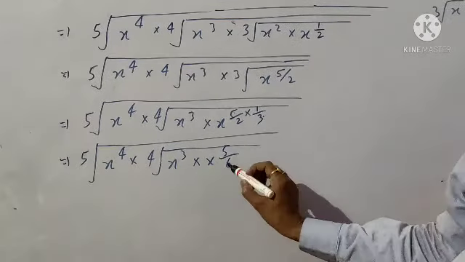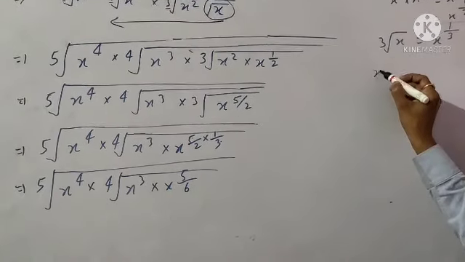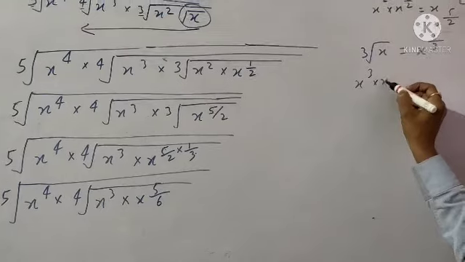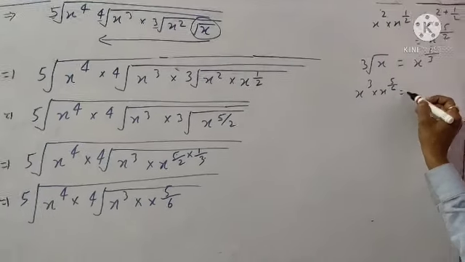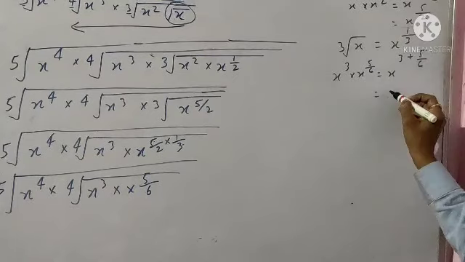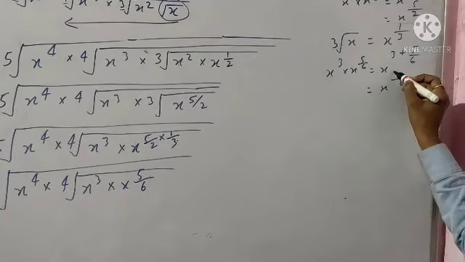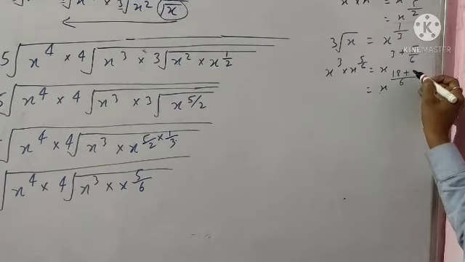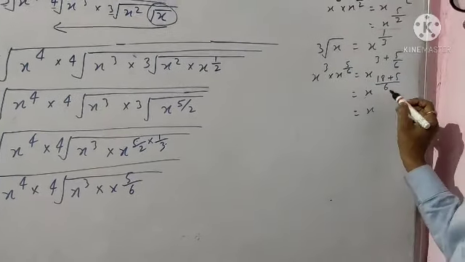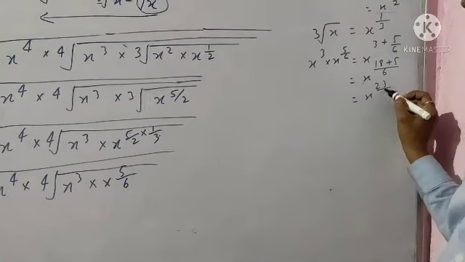Okay, look at here, student, here again simplify x to the power 3 into x to the power 5 by 6. Base is equal, power is added, 3 plus 5 by 6. So x to the power 6 into 3 is 18, plus 5, 23 by 6.